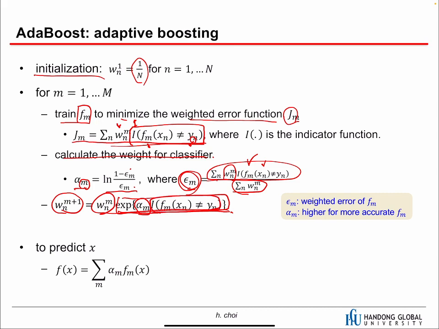So every time we know how to update the weights and how good the classifier is. Then the prediction is simple. We can apply all the models in parallel. Because we have the weights for the classifiers, we run these classifiers in parallel, multiply by these weights and then sum. That is the prediction of x with AdaBoost.